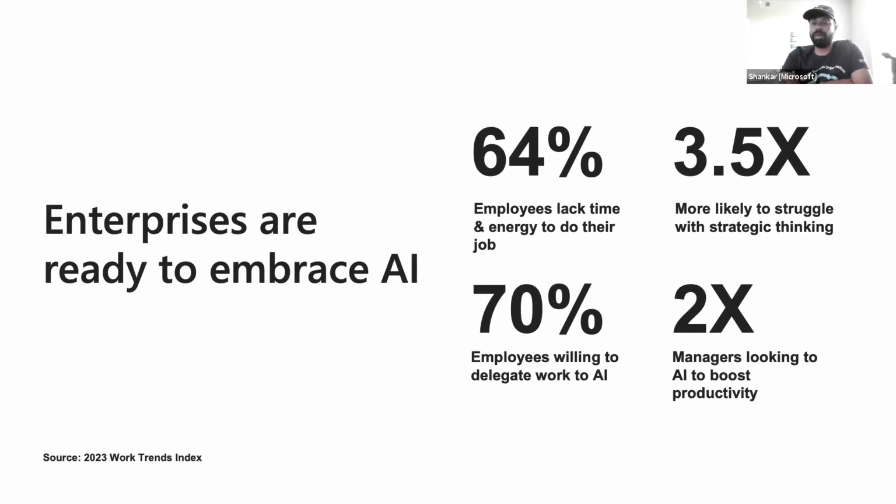And 3.5x more people are likely to struggle with things that revolve around strategic thinking in their current job. And 70% of them are willing to delegate work to AI. This could be a small thing such as taking a summary of a meeting. It can go all the way to even helping them do data analysis. And 2x more managers are looking for AI to boost the overall productivity of themselves and their team.